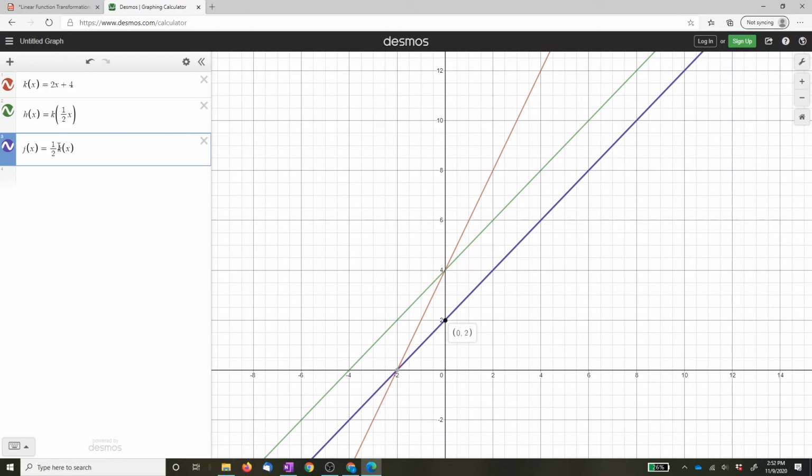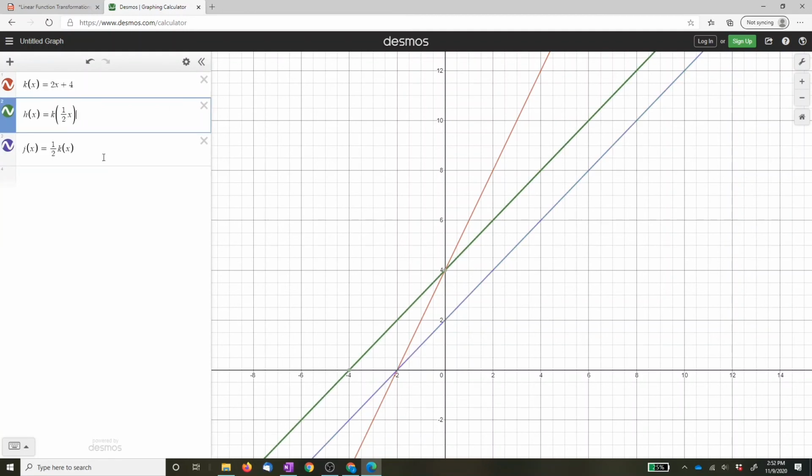We multiplied by a scale factor to the entire function. The entire function k is 2x plus 4. When we multiply on the outside by 1/2, that's going to multiply the slope and the y-intercept by 1/2. And that's why on this purple line, the y-intercept is 2, whenever it started out as 4. And whatever the original slope is, now it's going to be half the slope on this purple line.